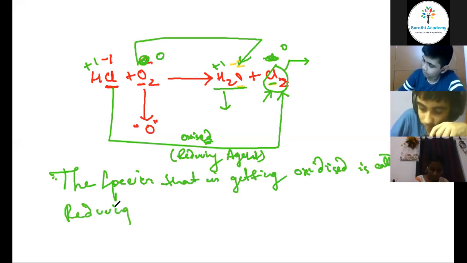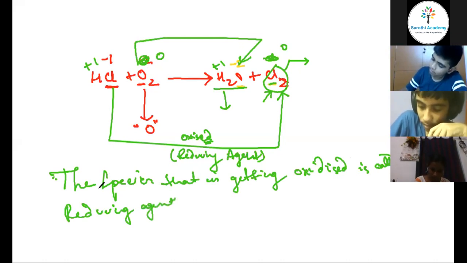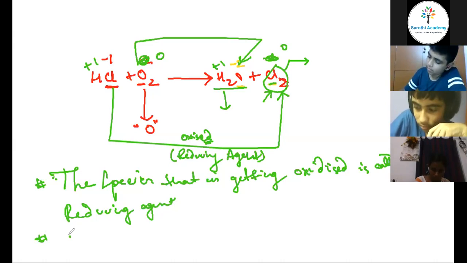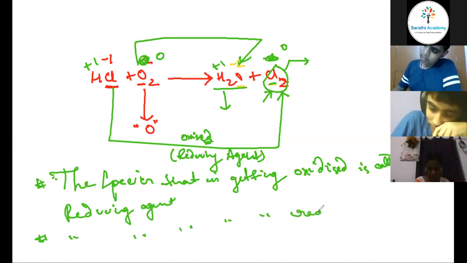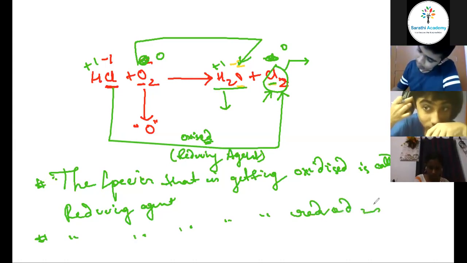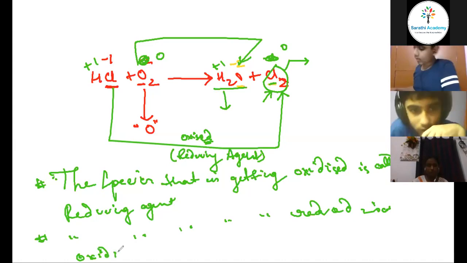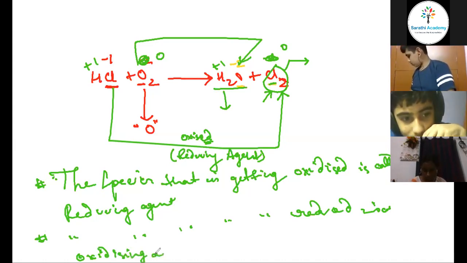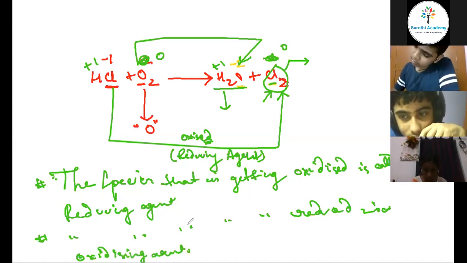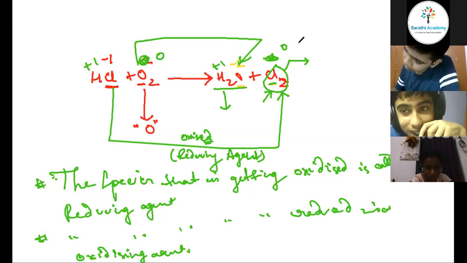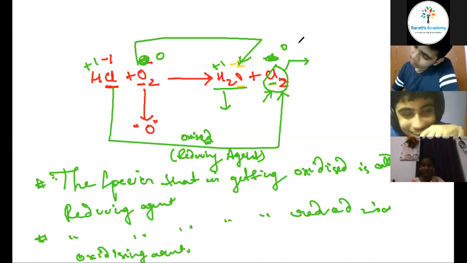And the second statement: the species that is getting reduced is called the oxidizing agent. After the class everyone has to write this ten times and send it to me, so that it becomes very clear to all of you.